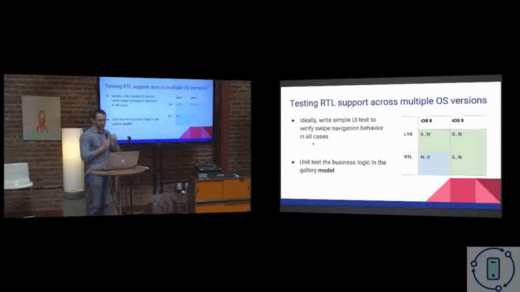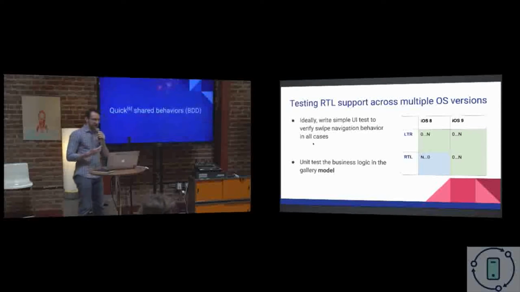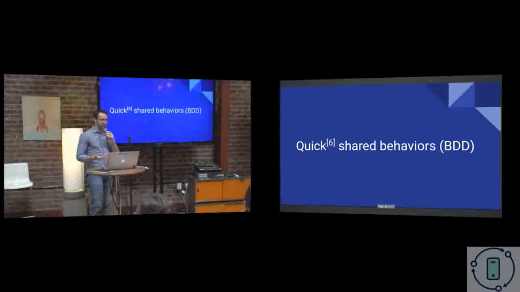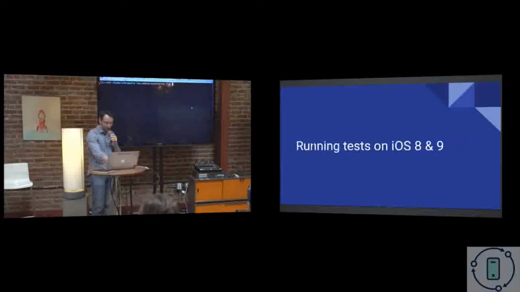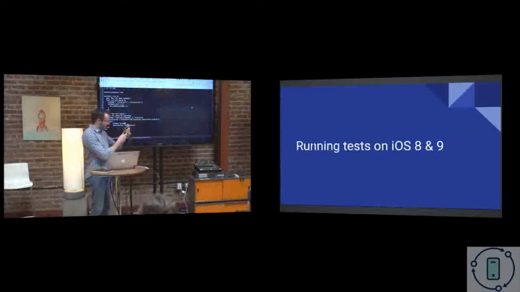They need to share this behavior. And I keep repeating shared behavior because that's a concept in behavior-driven development, specifically in many BDD frameworks. It's a convenience that they provide for you to simplify these kinds of tests. And we're going to run them on iOS 8 and iOS 9. So I'm just going to quickly show you how we did that.